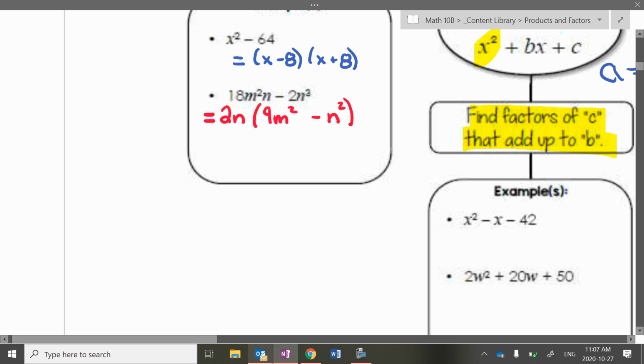Now I have 2 perfect squares separated by subtraction. So then it's going to be 3m minus n, 3m plus n.